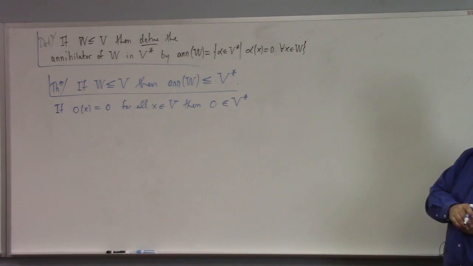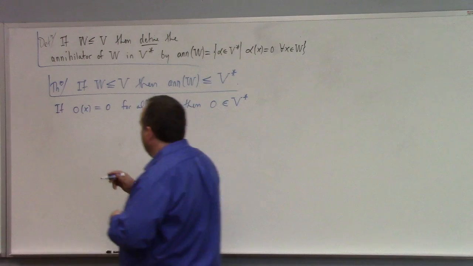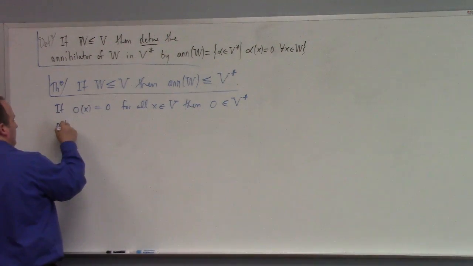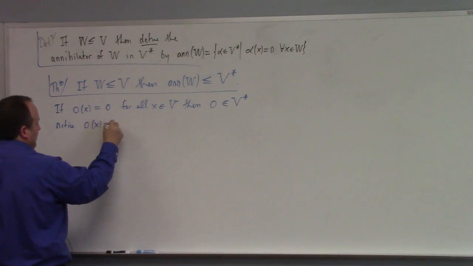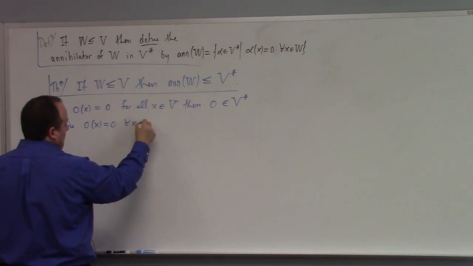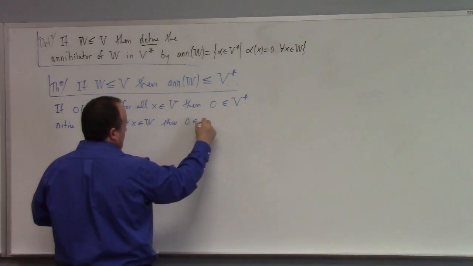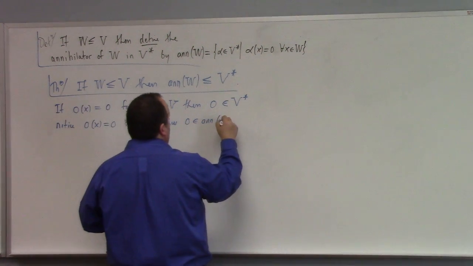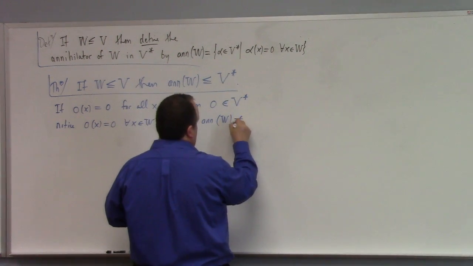The zero transformation. Is that in the annihilator? Yes. That 0 times x is equal to 0 for all x in W. Thus, 0 is an element of the annihilator of W, which apparently is not equal to the empty set, right?